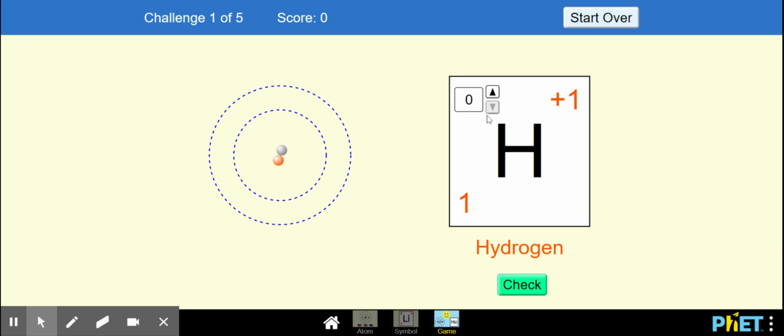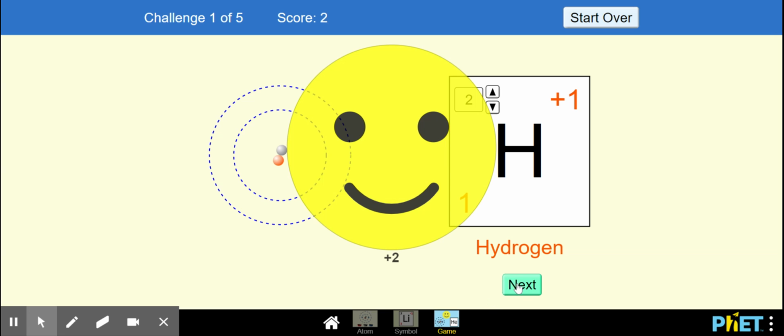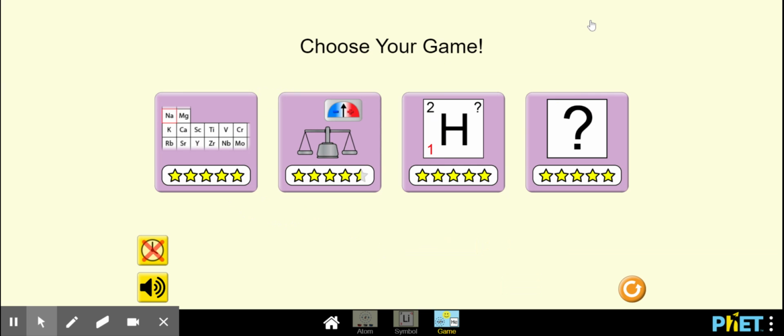All right, in this one, they show us the symbol and they ask us to identify different things. So here, they want to know the mass number. Well, this atom has a proton and a neutron, and we know that the sum of the protons and neutrons is the mass number, so we add them both up, and that's 2. And this game will ask you for different things. It's not always going to be a math number.